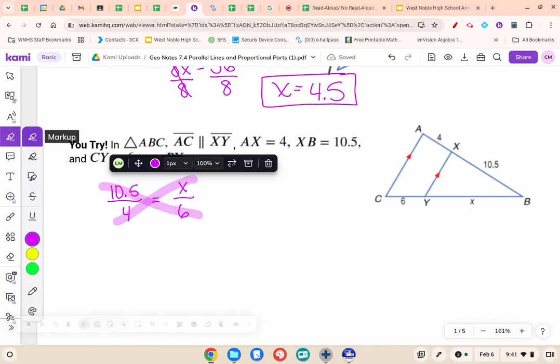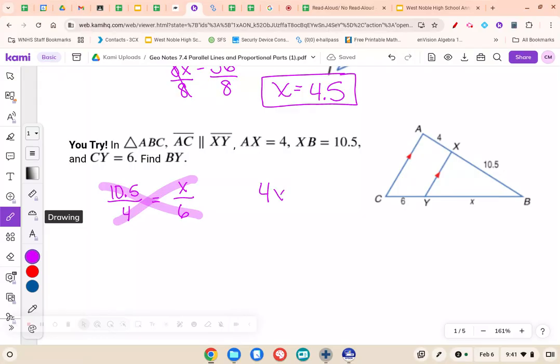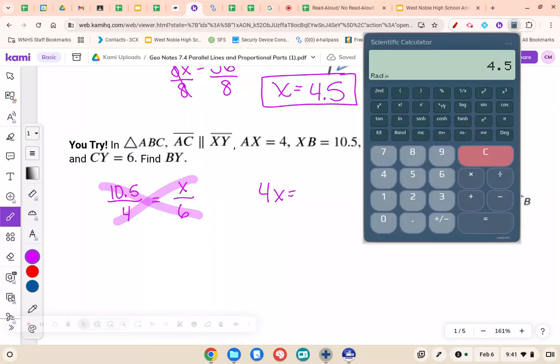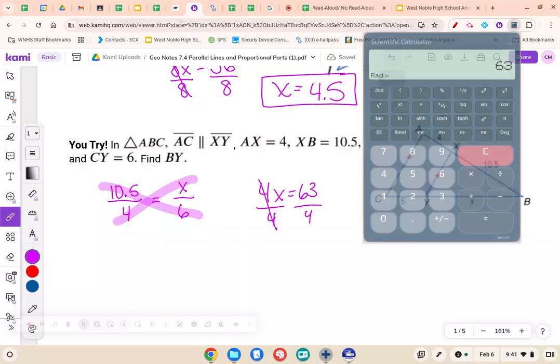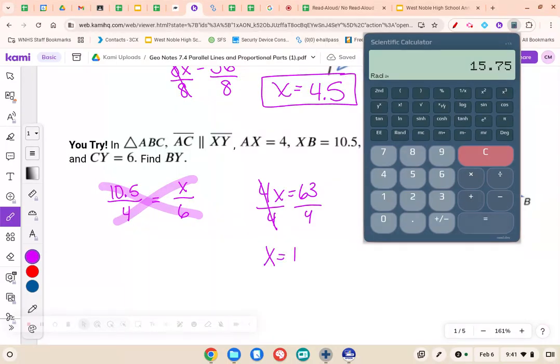Cross multiply. So we have 4x is equal to 10.5 times 6 is 63. We divide by 4. So x is equal to 15.75. And guys, on both of these, it's totally fine to get decimals.